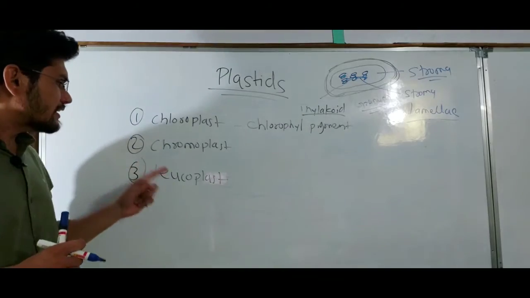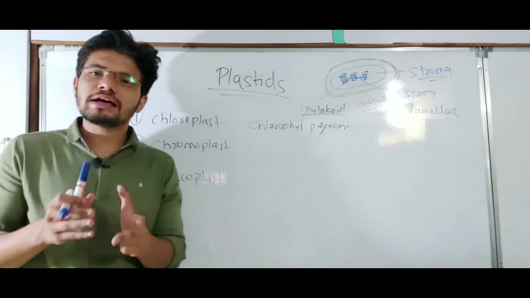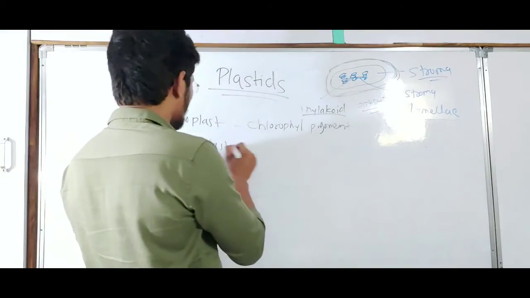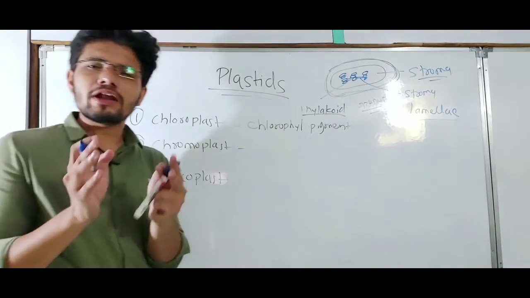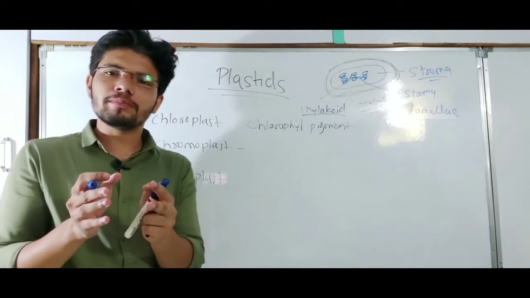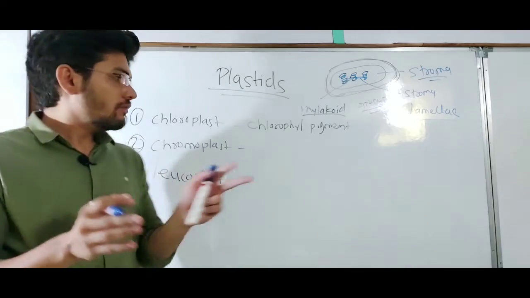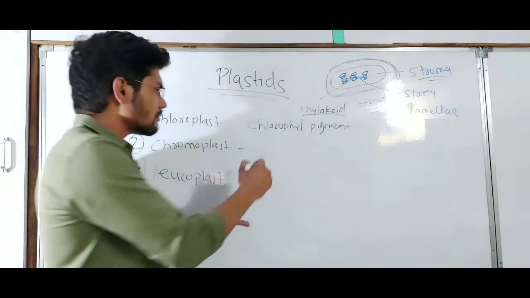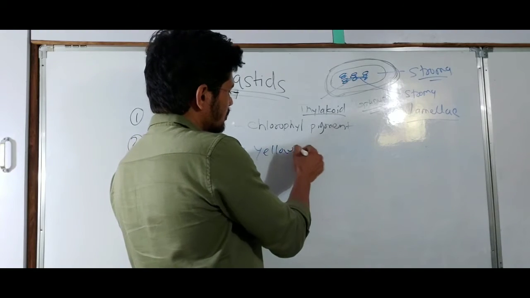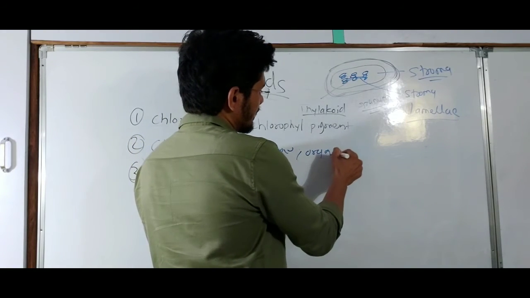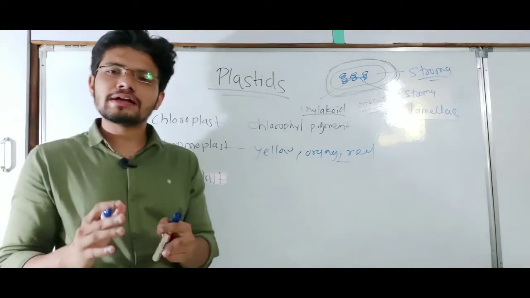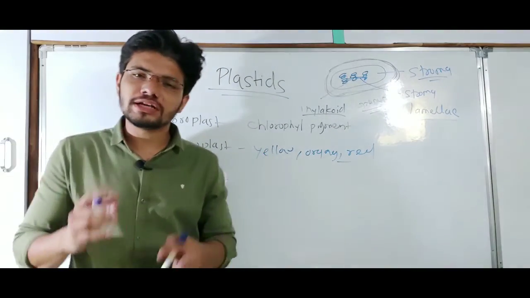After that, chromoplast and leucoplast are also plastids present in plants. Chromoplast contains other fat soluble carotenoid pigments which have colors like yellow, orange and red.